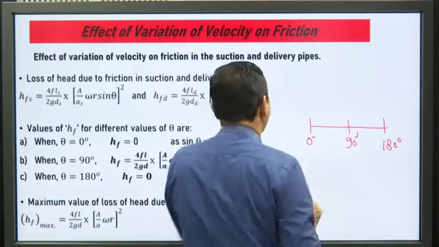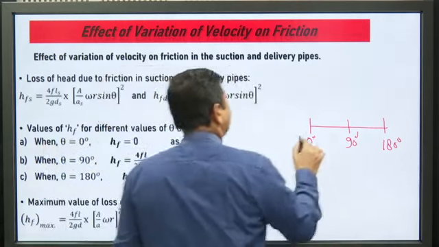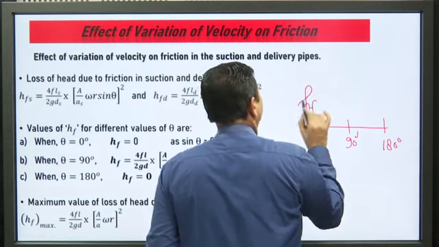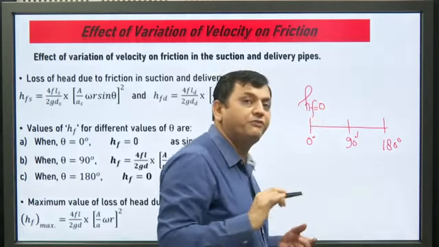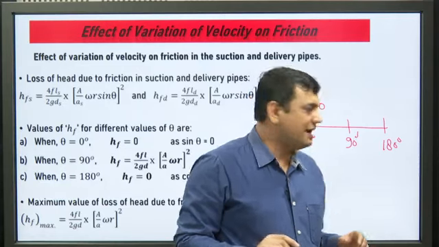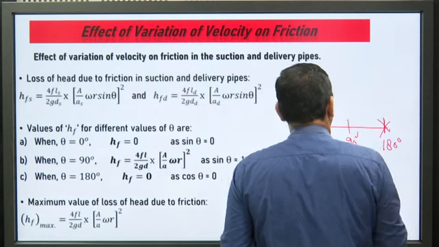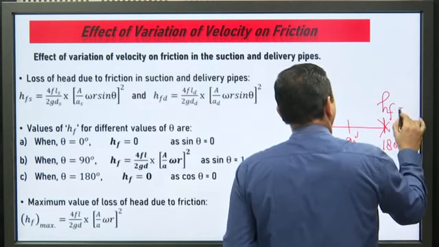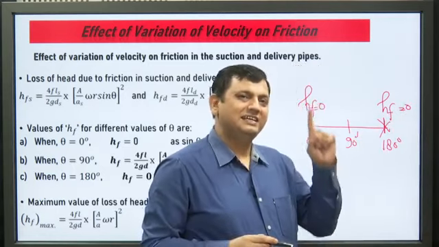So sin 0 becomes 0. So HF at the beginning of stroke has no effect of friction. At the end of stroke, sin 180 is 0, so there is no effect, and sin 90 is 1.